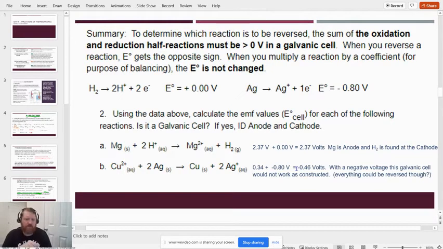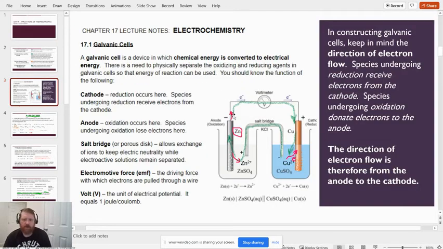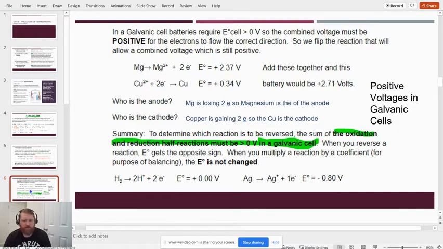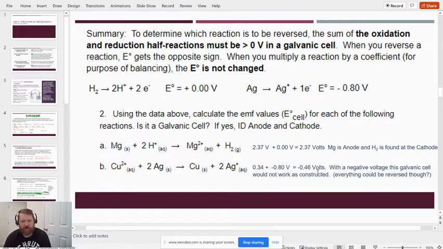So you've built this battery, you've stuck copper in and silver in, and you've got a light bulb set up there. As the electrons flow by, maybe the light bulb lights up, and you're hoping the electrons are going to flow one way through it, but actually the electrons are going to flow the other way because you have it built backwards. When you have a negative voltage, it's not really flowing the way you want it to.